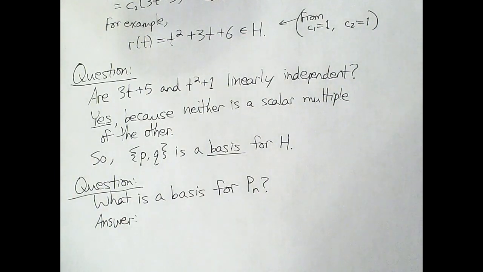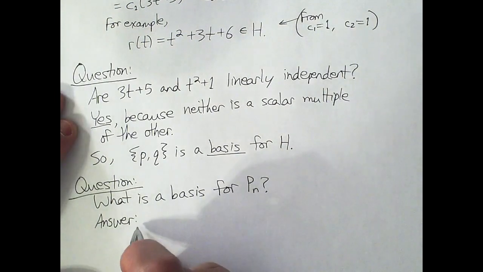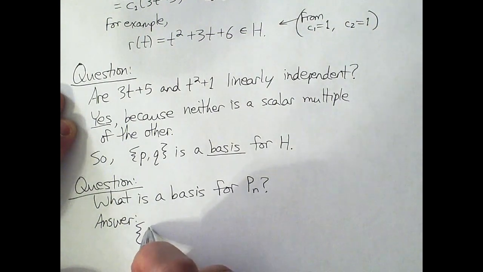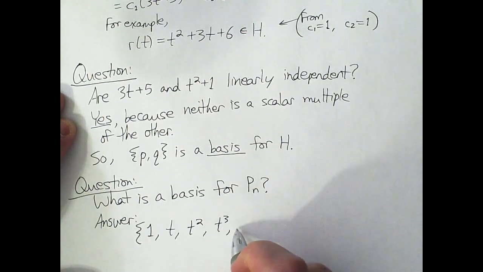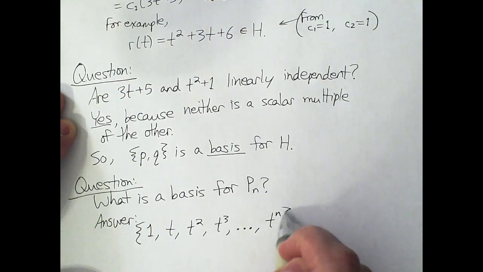So, you probably know from our discussion of bases earlier in the semester that there could be more than one correct answer. There might be one answer that is sort of the simplest and nicest answer, but there could be other equivalent ones. So I'm going to write what I think is the nice basis for it, and that is going to be 1, t, t squared, t cubed, etc., all the way up to t to the n.